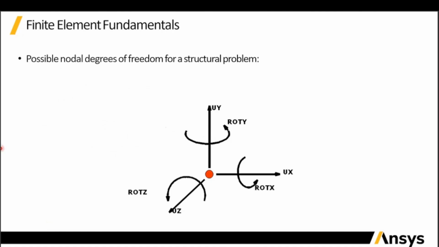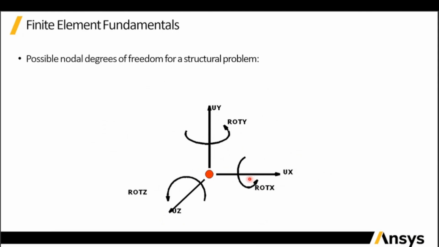Just again for your understanding, this red color dot is a node. There are 6 possible degrees of freedom for any structural problem: 3 translations in x, y, and z direction, and the rotations in x, y, and z directions.